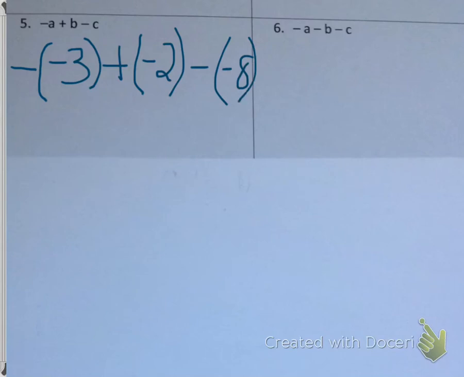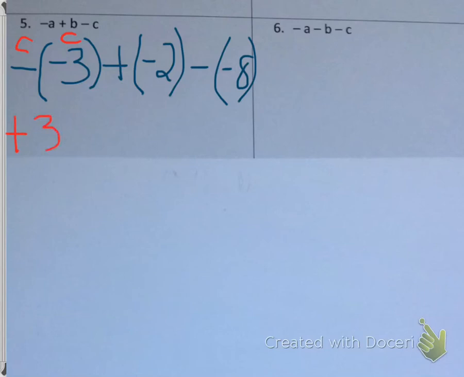Okay, so basically you have that double negative there. It's keep, change, but there is no number to keep. So all you're doing is changing your negative to a positive 3. So minus a negative is really plus 3.